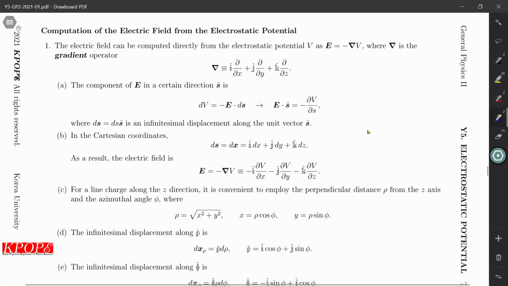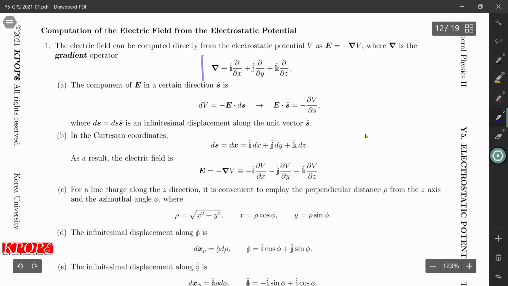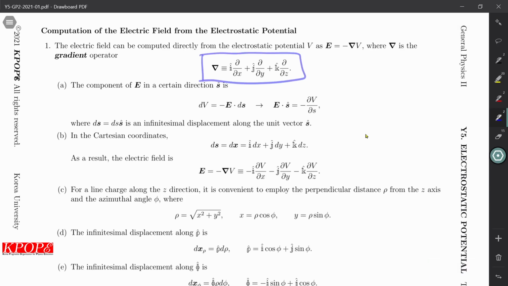Computation of the electric field from electrostatic potential involves the calculation of the gradient. Gradient operator is defined like that. It contains partial derivatives along the x-axis, y-axis, and z-axis.